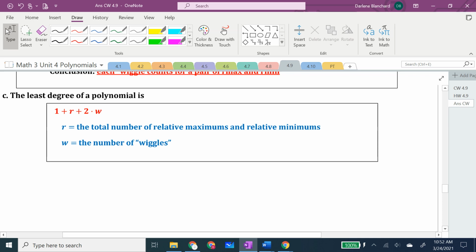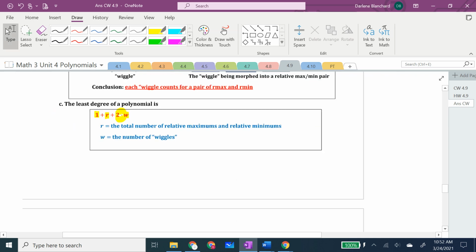So it counts as 1 minimum and 1 maximum. So basically, R stands for the number of relative minimums plus the relative maximums. If W is every wiggle you see, double it because it is counting for 1 apiece, a minimum and a maximum. And then add 1, and that's going to be your minimum degree.